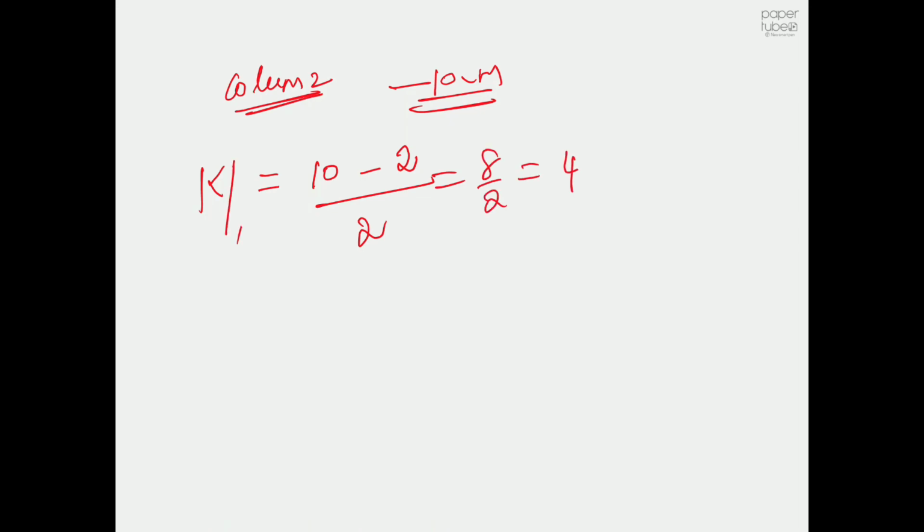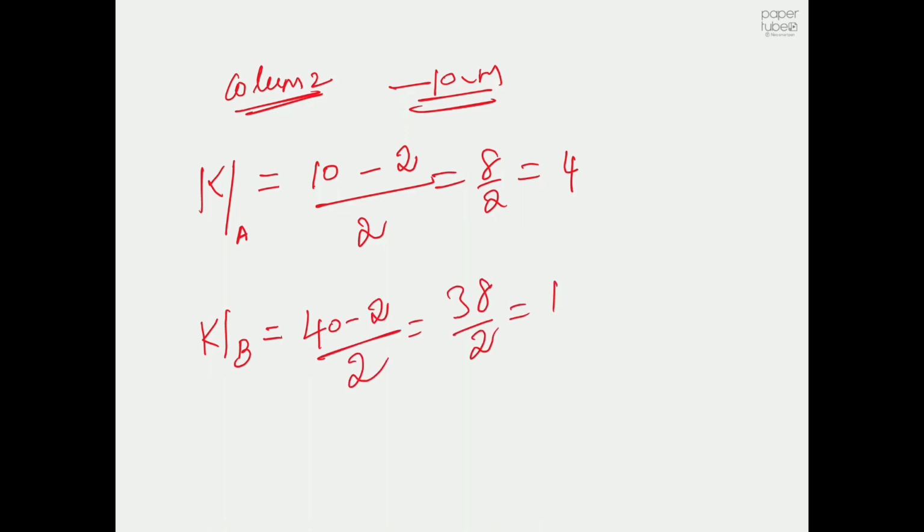This is the retention factor for A in column 2. The length of this column is 10 centimeter now. And then we calculate the retention factor for compound B. That should be equal to 40 minus 2 divided by 2. That should be equal to 38 by 2, which is 19.